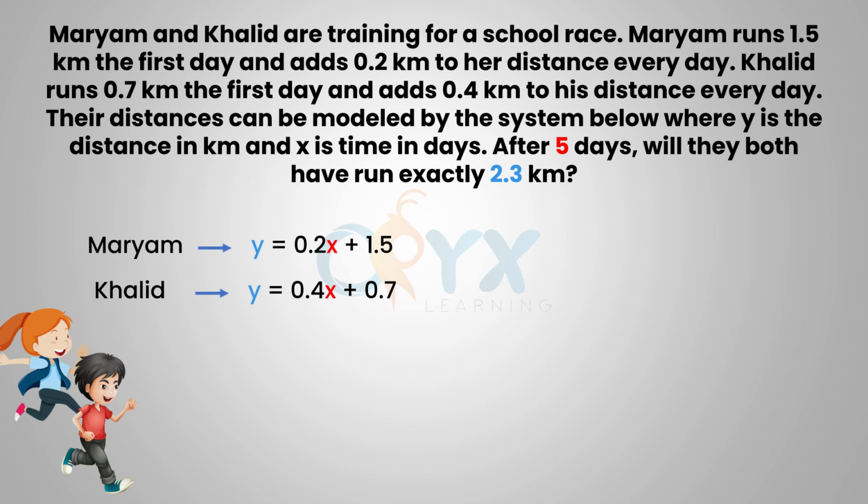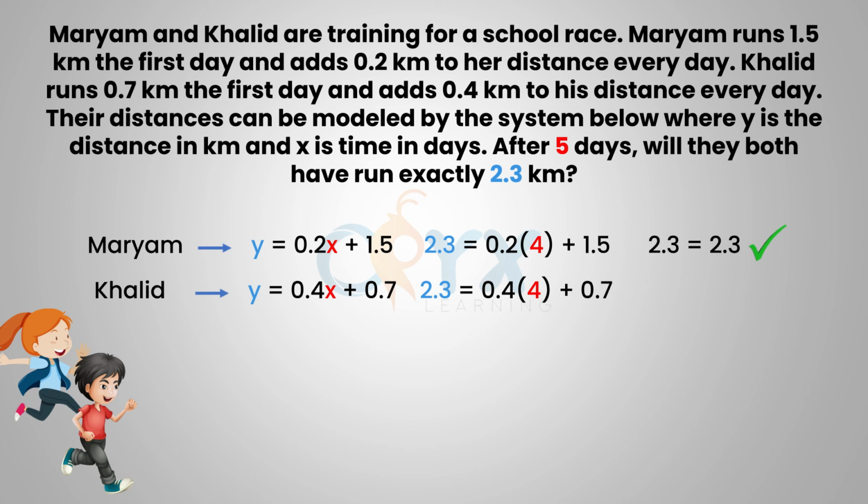So we're not going to substitute in a 5, but rather a 4. So now we have 2.3, the total y value, equals 0.2 times 4 plus 1.5. That simplifies to 2.3 = 2.3. In Khalid's equation, if we put 2.3 in for y, and again 4 in for x, because the first day is accounted with a y-intercept, our b value, then we get 2.3 = 0.4 times 4 + 0.7.